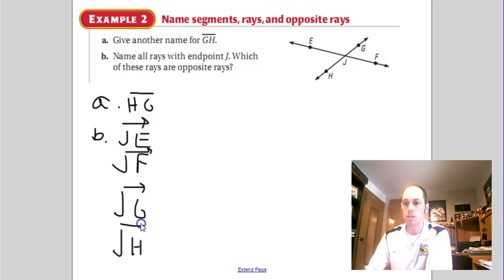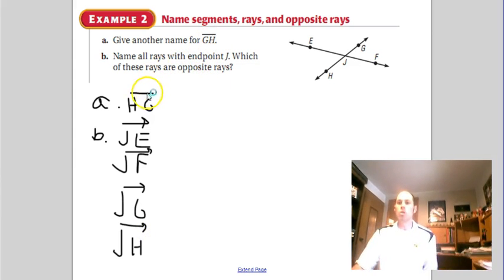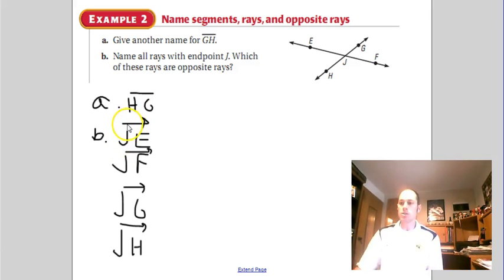Notice each of these starts with J because that's the endpoint we're looking at. And I wrote all those with J on the left and the arrow going to the right. That's how we need to write rays.